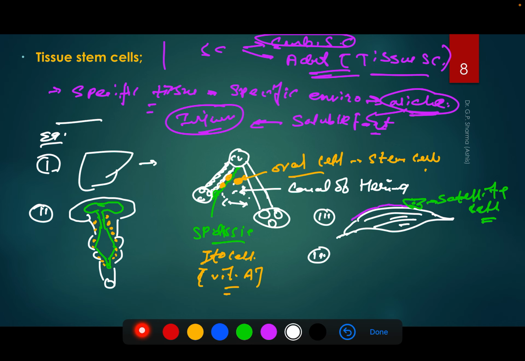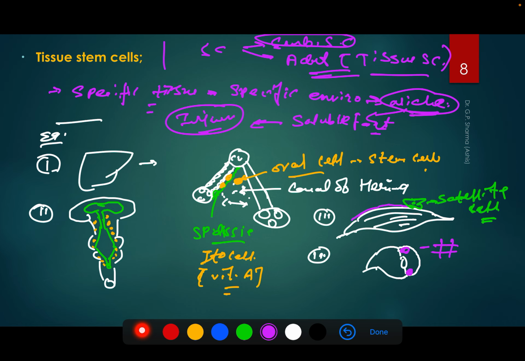Okay, and another stem cell is present within the eye. If you remember, we have an eyeball like this. Yes, this is my eyeball, and within this eyeball, this region is called what? This region is the limbus, and within this limbus we have a network of fibers, right?